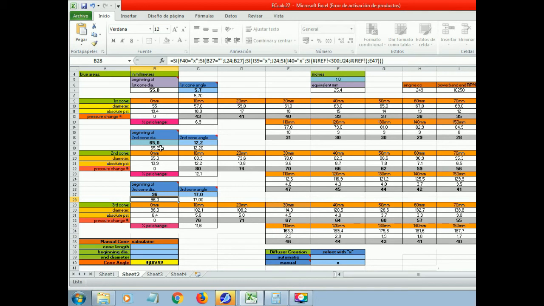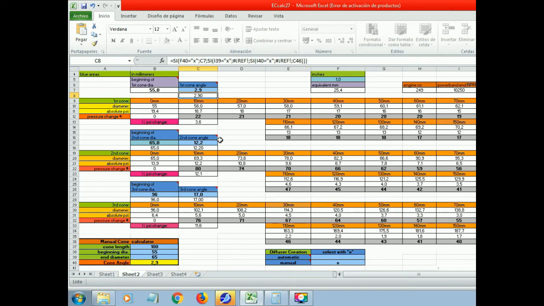Well, I'm going to have to change them a little bit anyway to match my adjusted length. So with a beginning diameter of 55 and an end diameter of 65, I can just use this calculator right here, which tells me the angle is 2.9, which I will put in here.